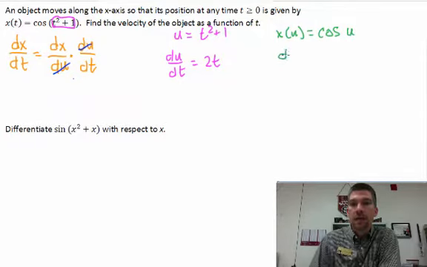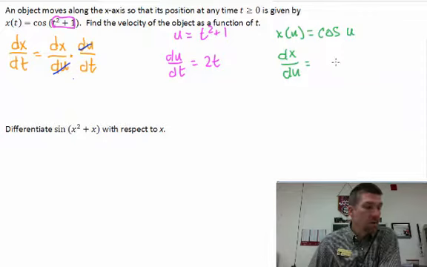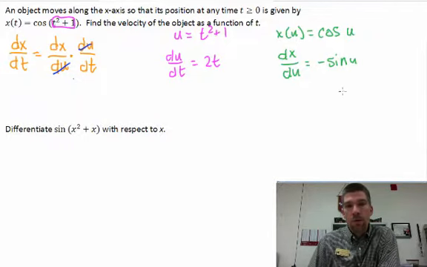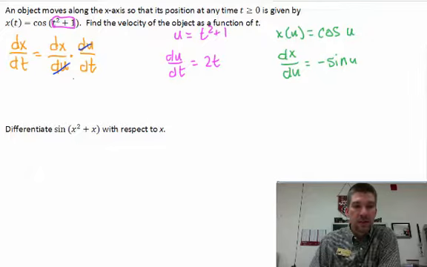And so dx du is going to be what? Well, what's the derivative of the cosine? Negative sine u.